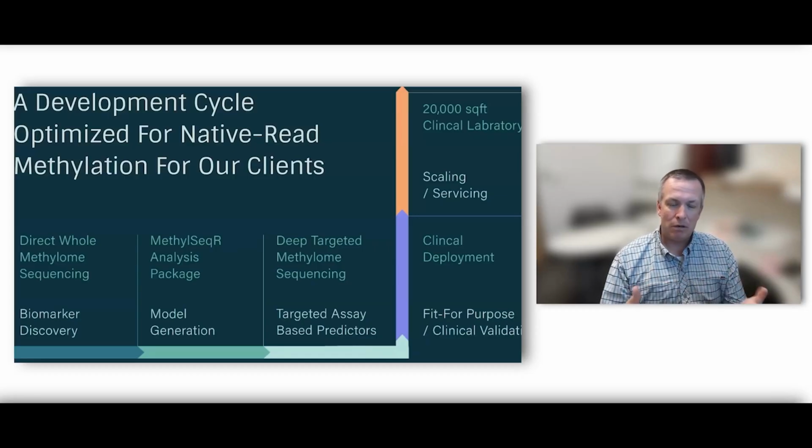to help tailor this technology for what they need, either in a diagnostic test that they're hoping to build or in just some very specific research questions. So our pipeline is that we use what we call direct whole methylome sequencing. This is using the Oxford Nanopore platform for biomarker discovery. This can be done at even low pass, 5x to 10x sequencing.